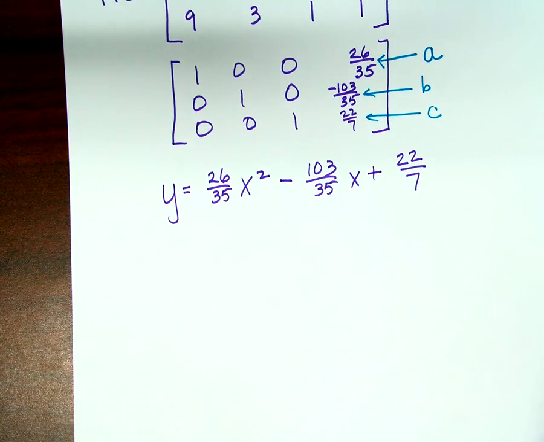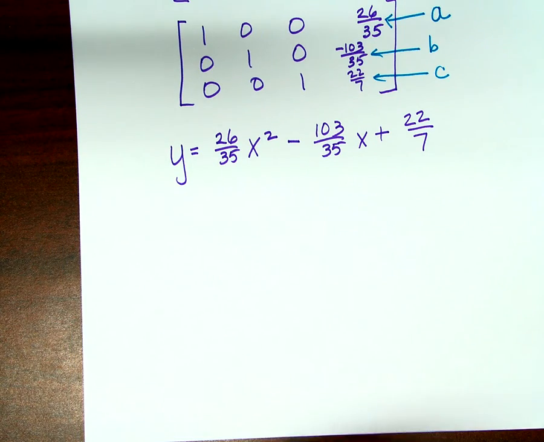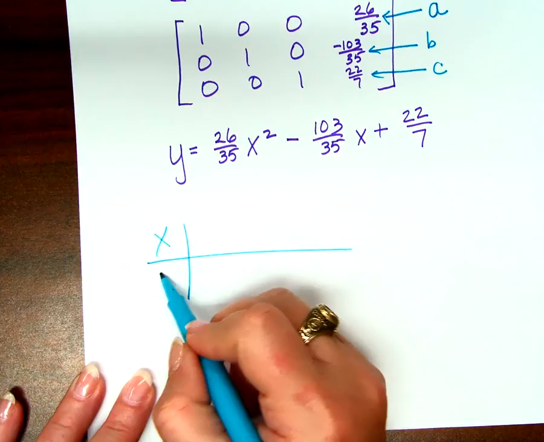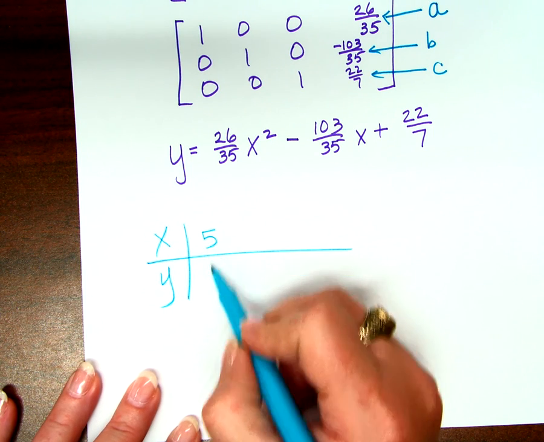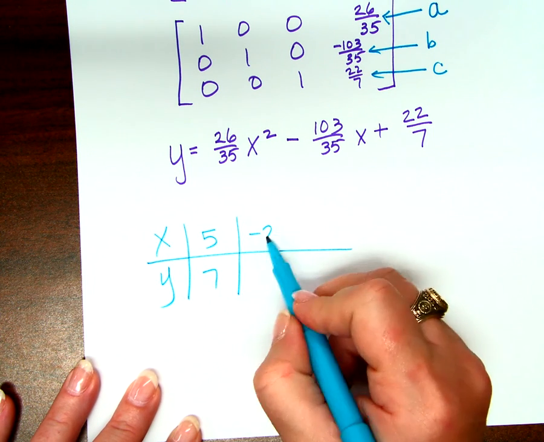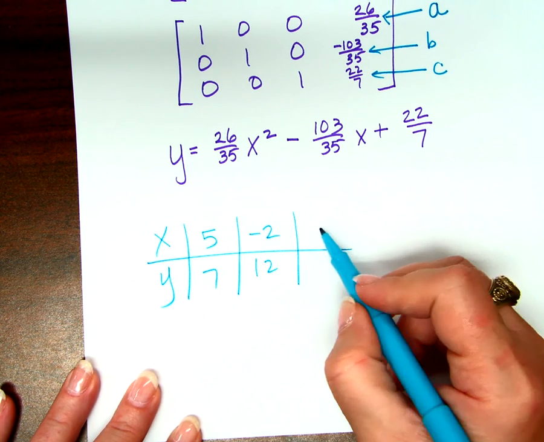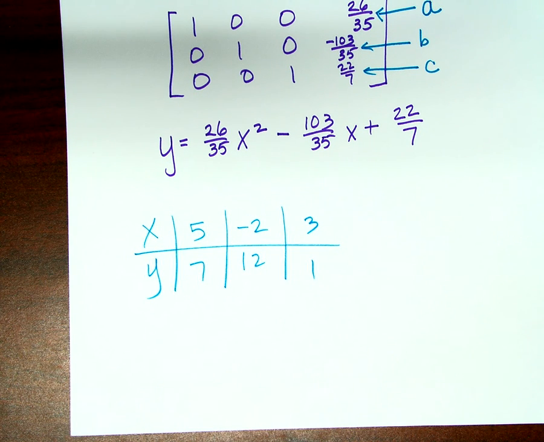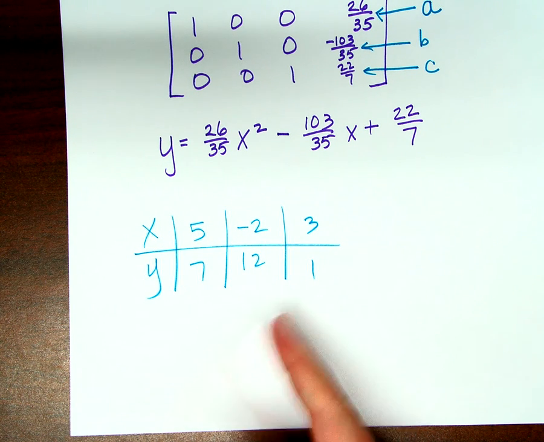Now, what if the problem showed up looking different? What if I said this? What if I gave you the data in a table? Guys, what did I just give you?